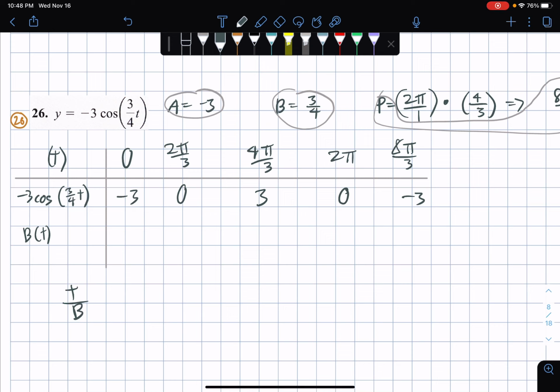So 0 divided by 3/4 is 0. 2 pi over 3 divided by 3/4. Let's say that's going to be 4/3 times 4/3, 8 pi over 9. We have 16 pi over 9, 8 pi over 3, 32 pi over 9.